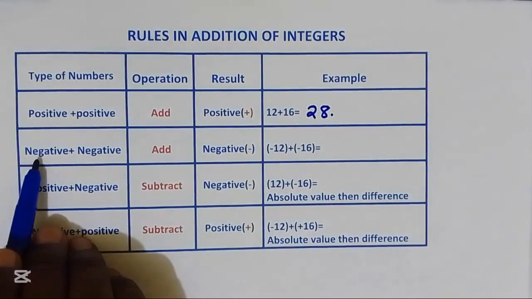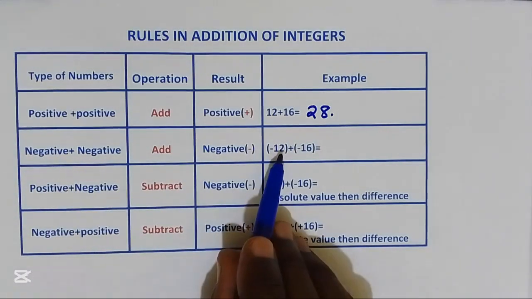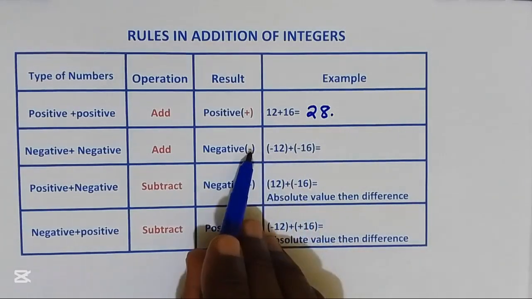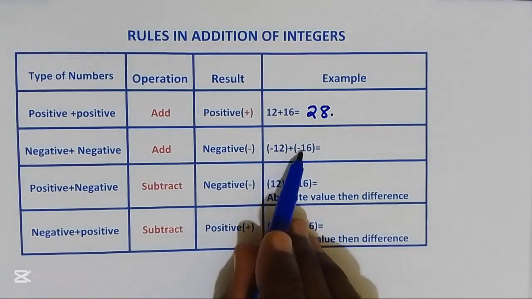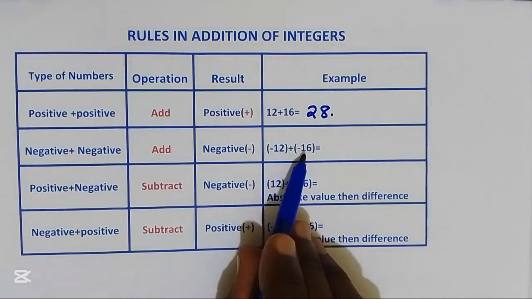When we have numbers that are negative and negative, also we are going to add the numbers, but the result is going to be negative like the components. So here we are going to take 12 plus 16.